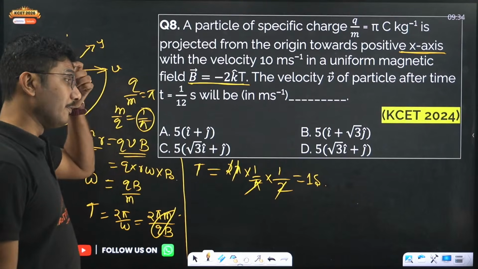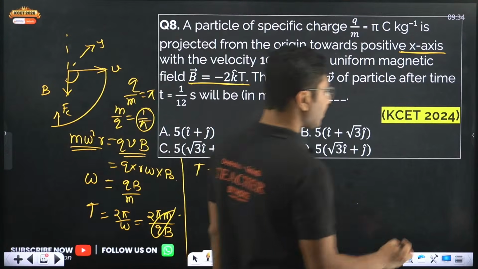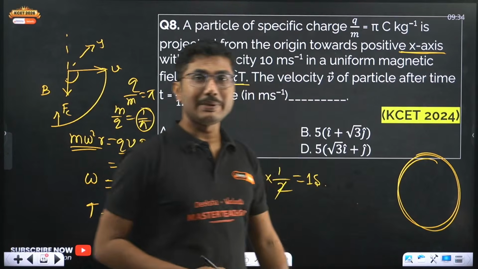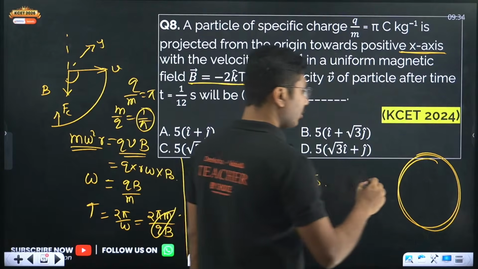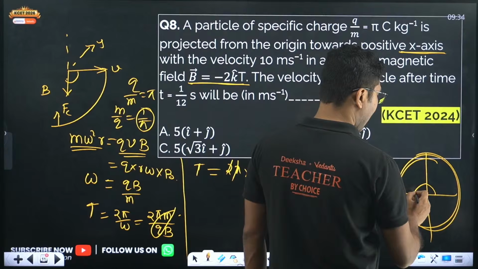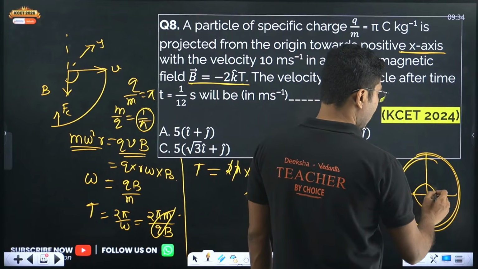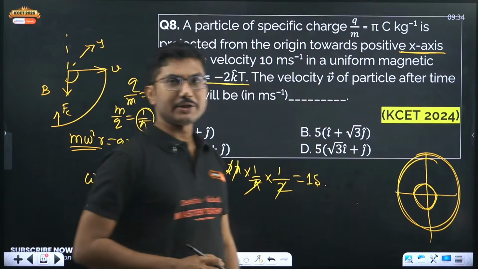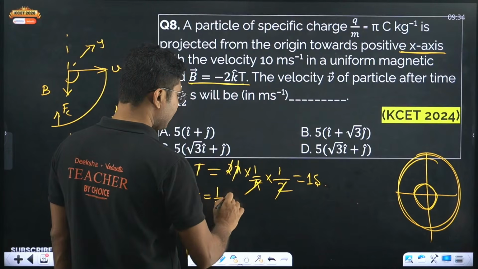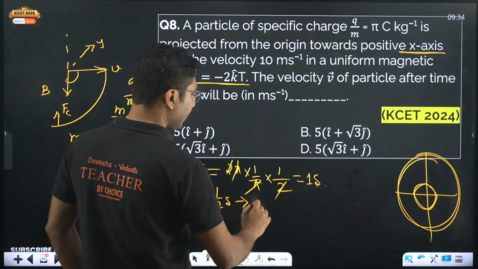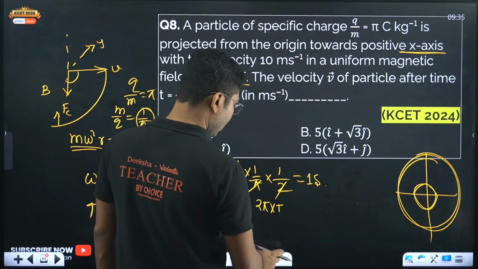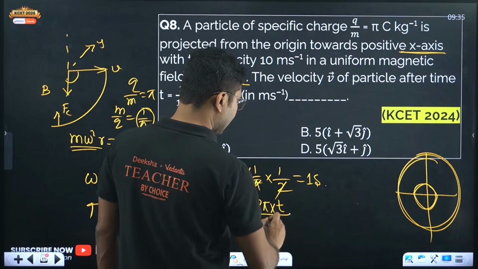Now what is the significance of the time period? The time period gives you the time required to do one complete rotation. One complete rotation means you get pi by 2, pi, 3 pi by 2, 2 pi, so the total angle in one rotation is 2 pi. So how much angle will it rotate if t is equal to 1/12 second? The angle rotated will be 2 pi into time divided by time period.